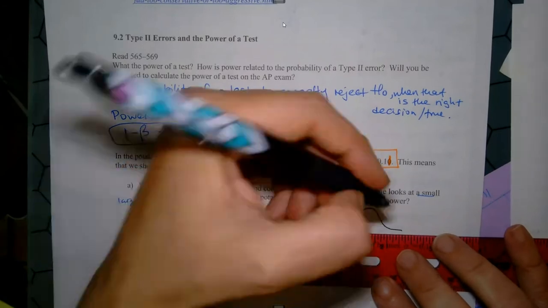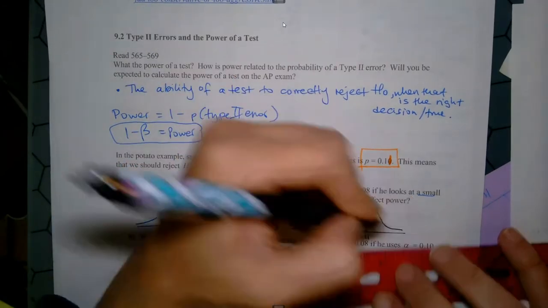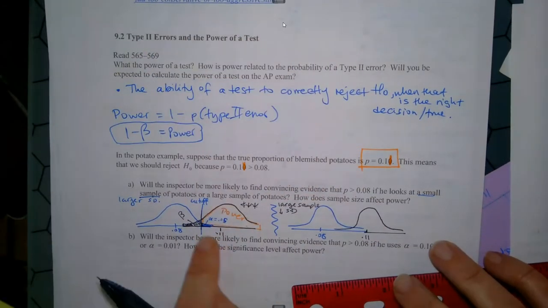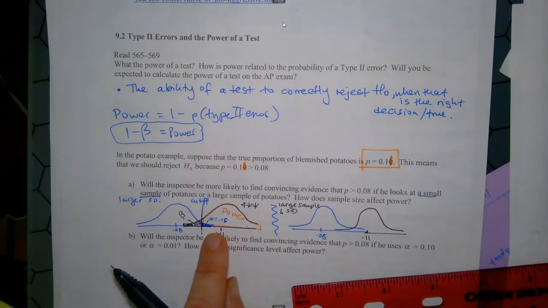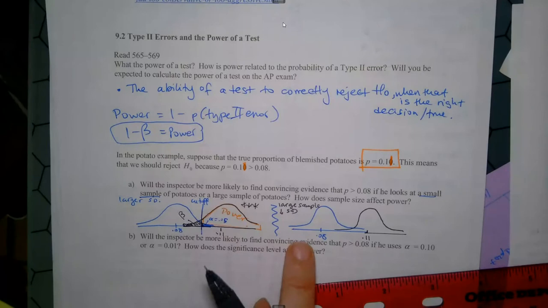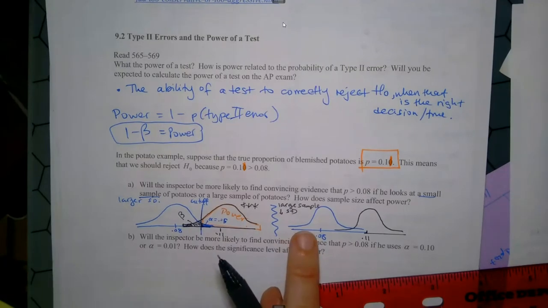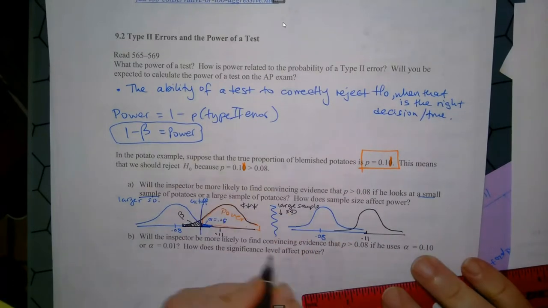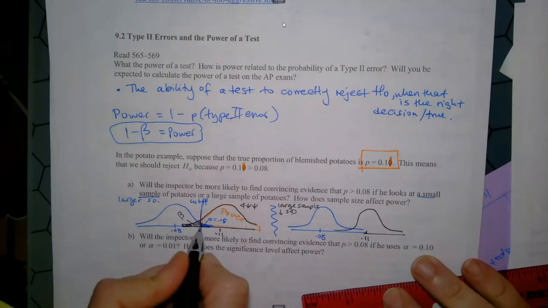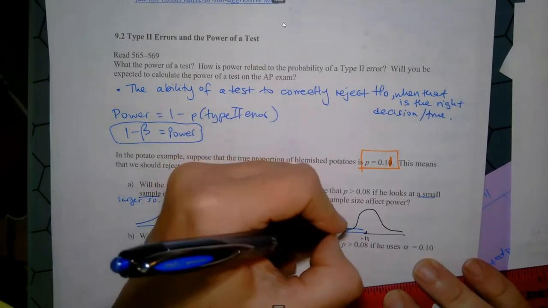We're going to look at this overlap again. Heads up, guys, the cutoff region is going to be in a different spot. The 5% shaded spot on the blue graph will be further in. So I will be able to reject the potatoes at a smaller p hat.